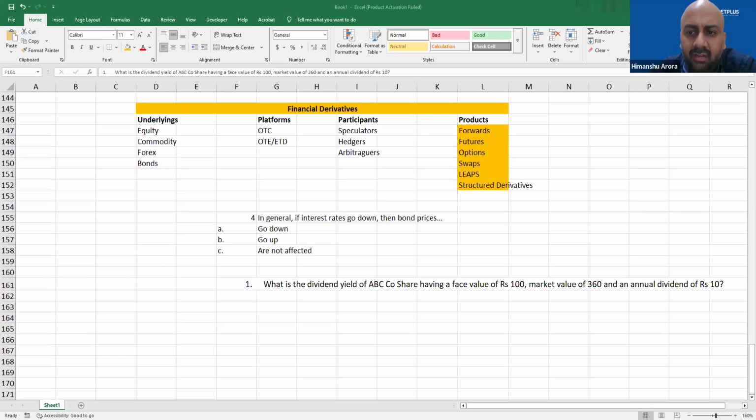Only a few of you are correct. This we discuss in greater detail. The correct answer is 2.77%, neither 3.6% nor 10%.